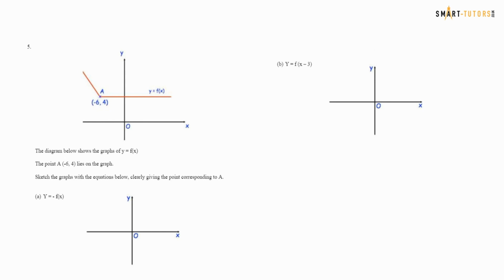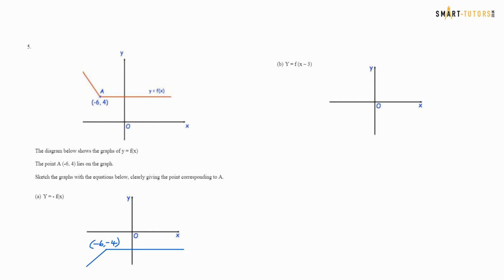Reflection on the x-axis means the graph is going to start from somewhere here, and from here it's going to be like that. So the x coordinate is going to be minus 4, and the y coordinate 4 becomes minus 4. That is the answer for question number 5a.